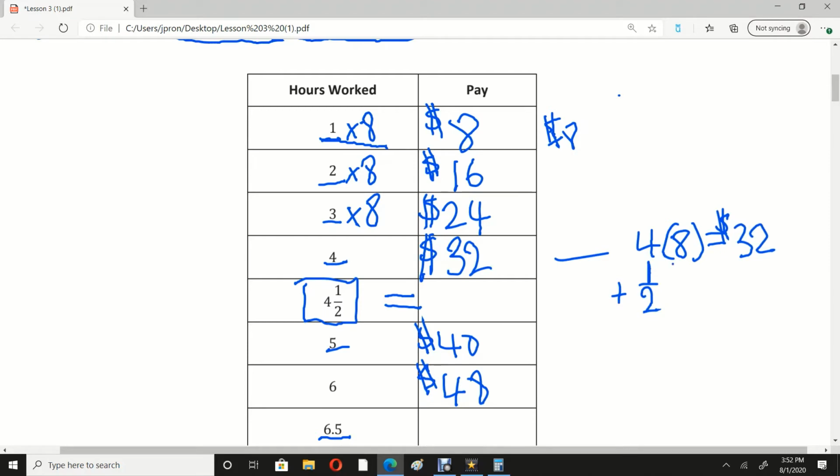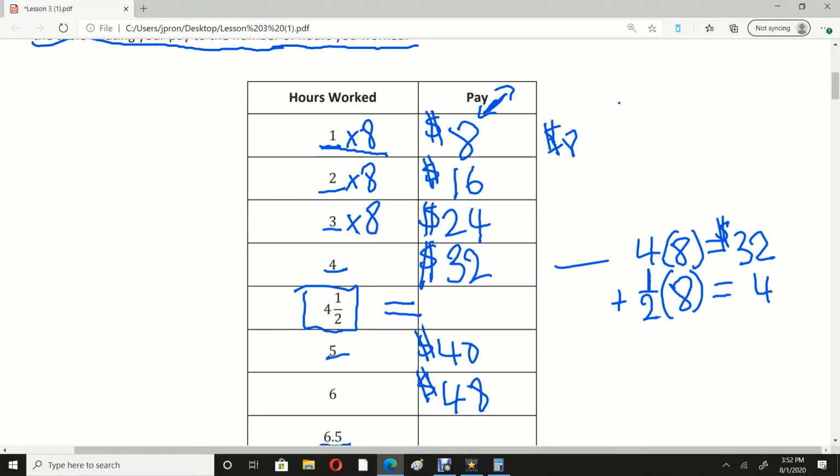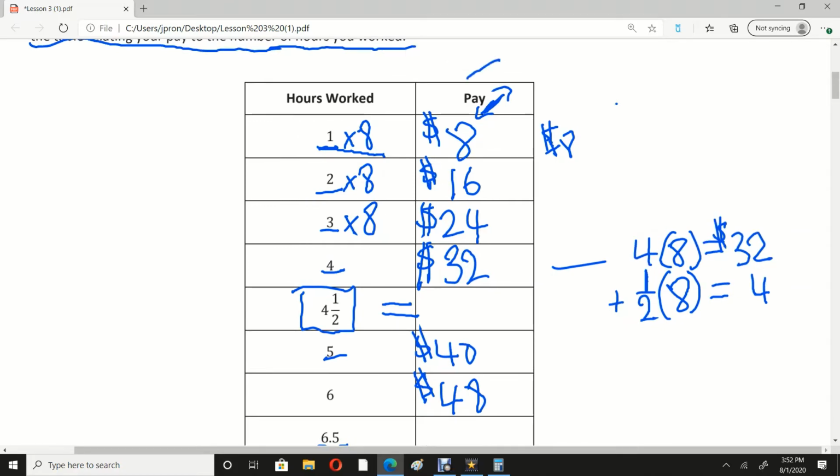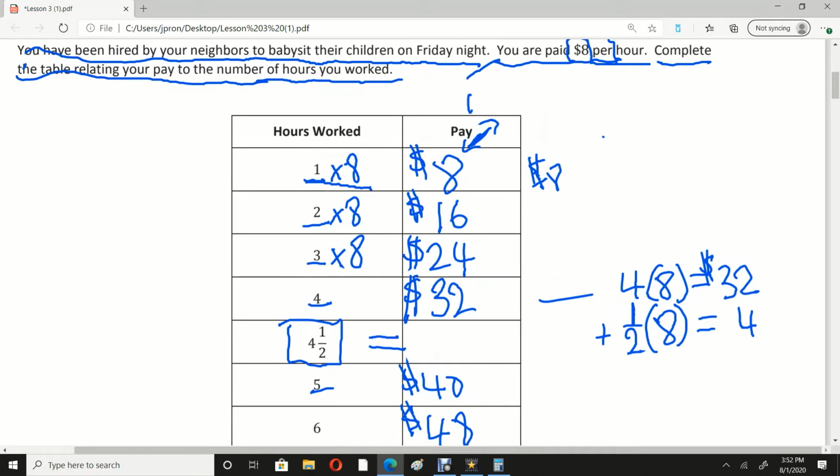Even if I didn't know how to multiply 1/2 times 8, I know that 1/2 of 8 is 4. And that makes sense that if we made $8 in a whole hour, then in a half hour, we would make $4, assuming that we're getting paid for the half hours, right? So half of $8 is $4.